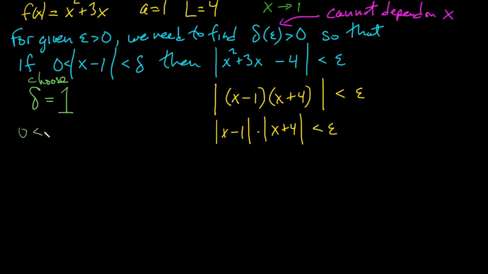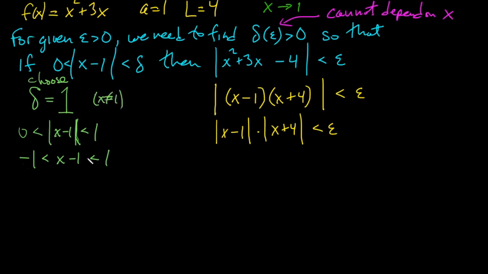It means that 0 is less than the absolute value of x minus 1, which is less than 1. And that means that x minus 1 has to be sandwiched between -1 and 1. Again, we're assuming that x does not equal 1 here. That's why this is greater than 0.